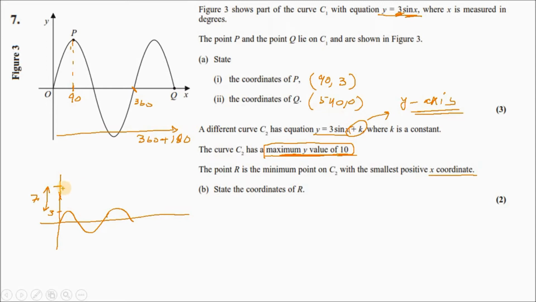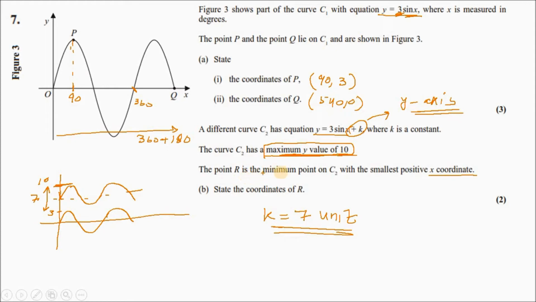You can imagine your curve has shifted something like this. So this value now becomes 10, the maximum value. So that means the value of k is 7 units.